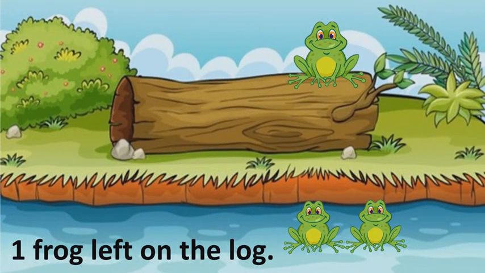When the second frog jumps in the pool, only one frog is left on the log. 3 minus 2 equals 1. Only one is left on the log.